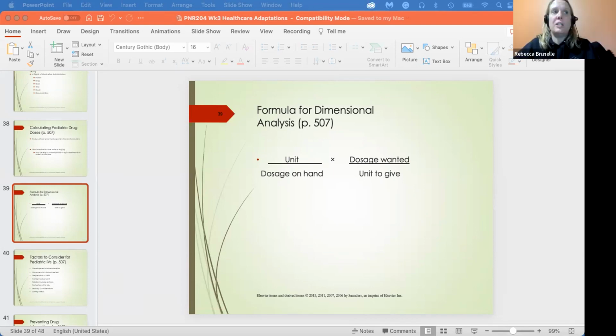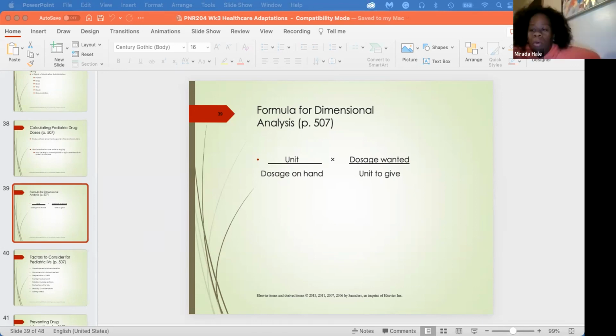Okay, so then it's 210 milligrams every 6 hours, and you have 250 milligrams in 5 mLs. I do 210 over X equals 250 over 5, which is the way I think is the easiest. But does someone know a different way that you were taught to set it up?